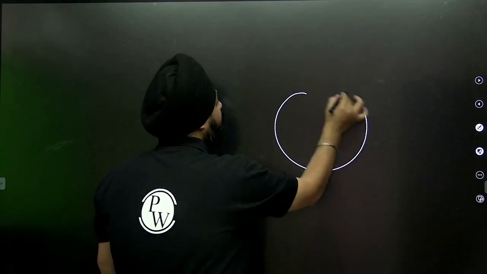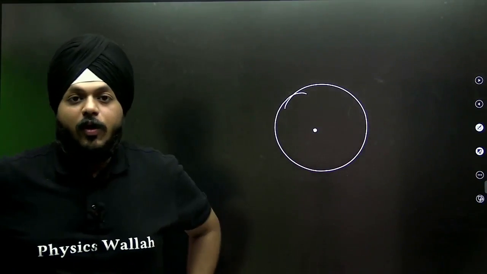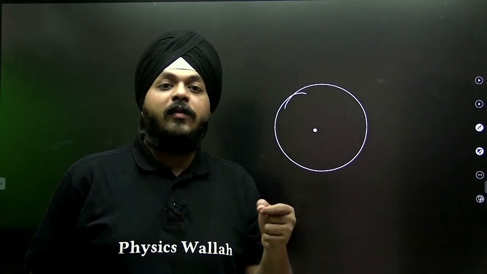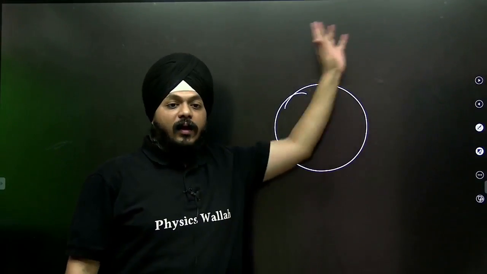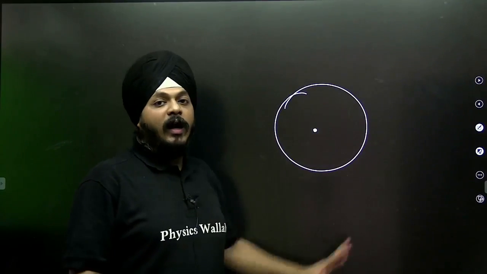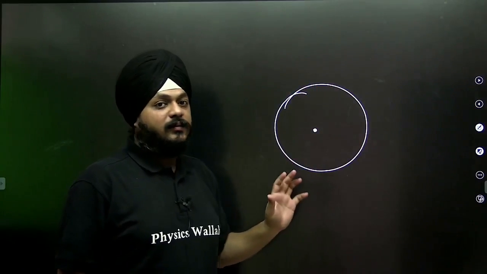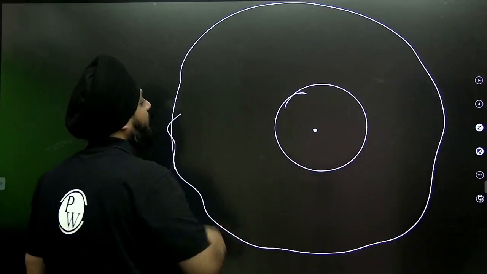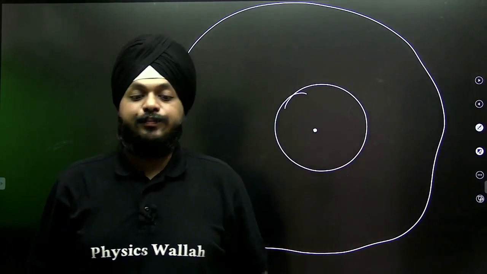Suppose this is the Earth. Before moving on to the concept of gravitational potential energy, in short, I'm going to discuss the concept of the gravitational field. Around the Earth, there is a spatial area up to which the gravitational force of the Earth acts.